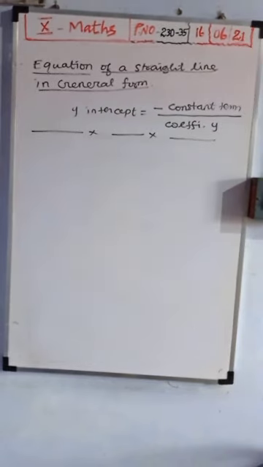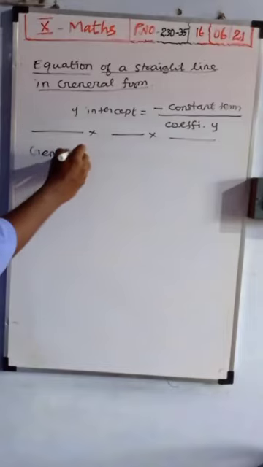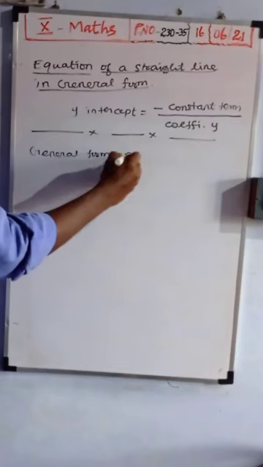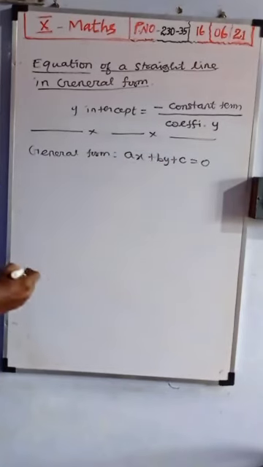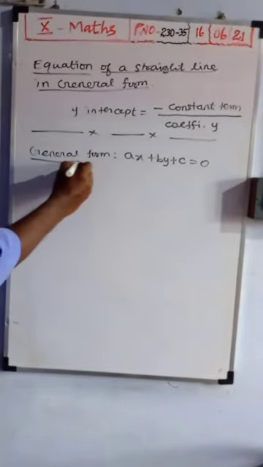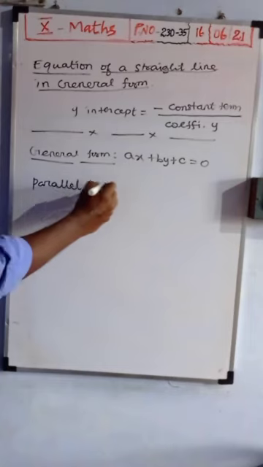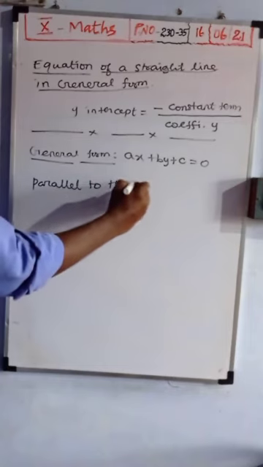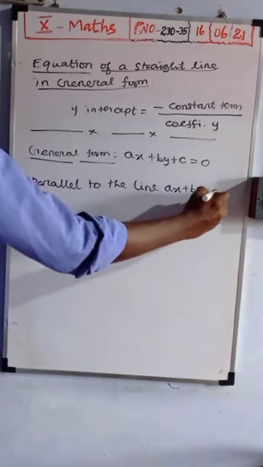Next, the equation of a straight line parallel to another line. See, first the general form is ax plus by plus c is equal to 0. Now take one more line parallel to the line ax plus by plus c is equal to 0.